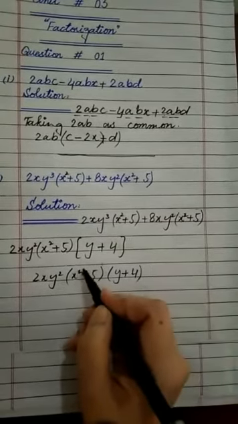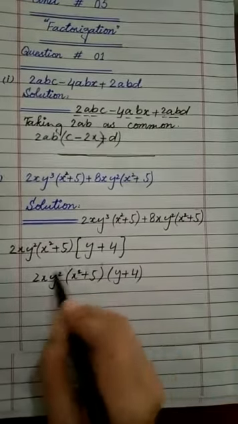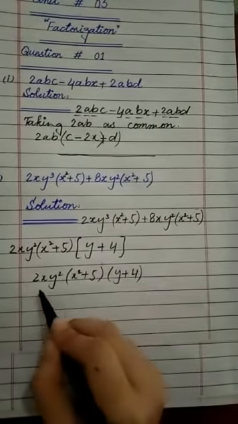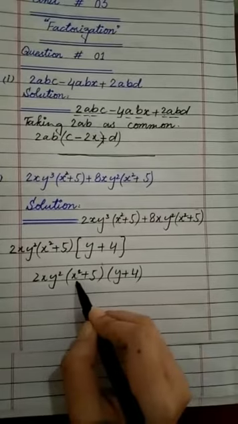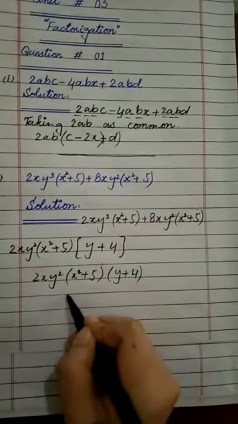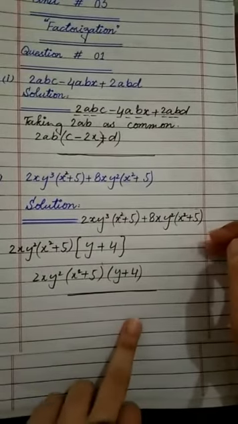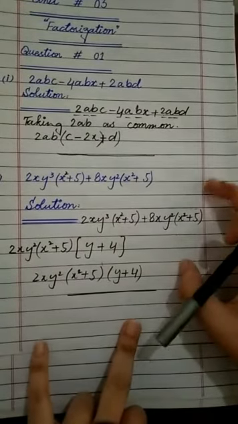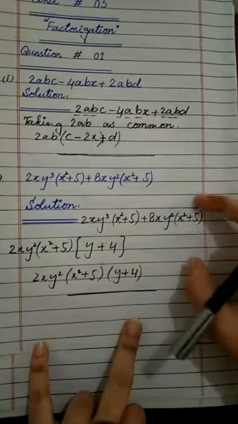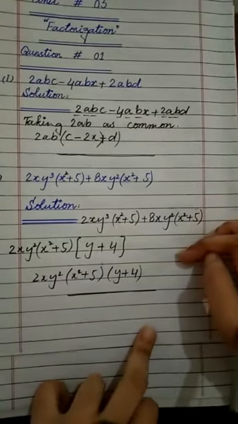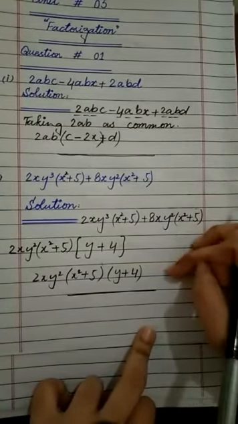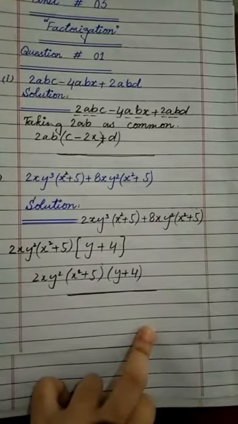These are basically the first and second factors. 2xy square into x square plus 5 into y plus 4. It's very easy, students. You can do all of question number 1 by taking common. This is simple factorization, and you will solve all questions on your register.